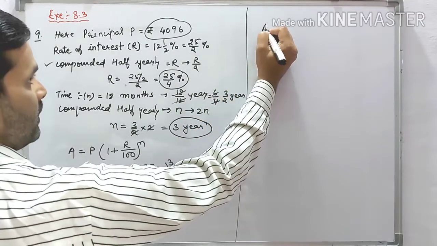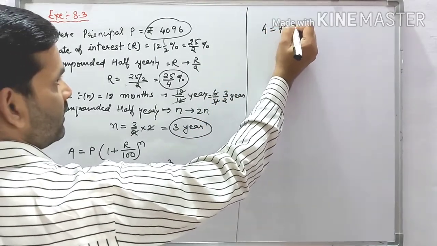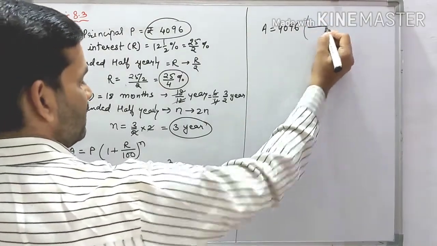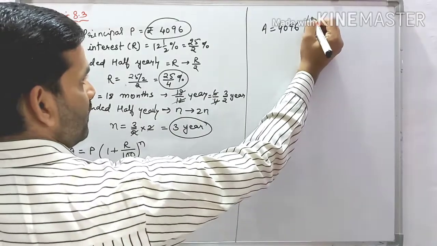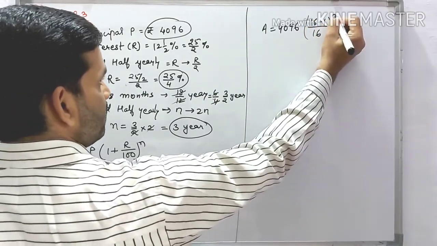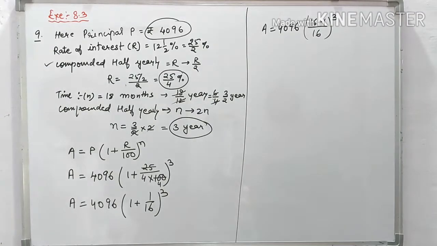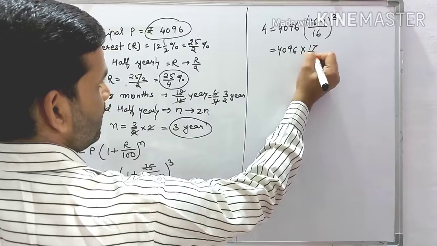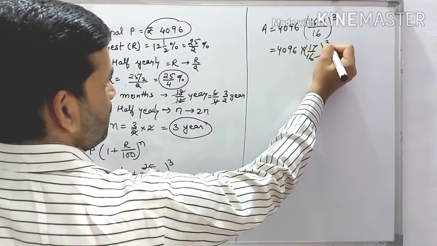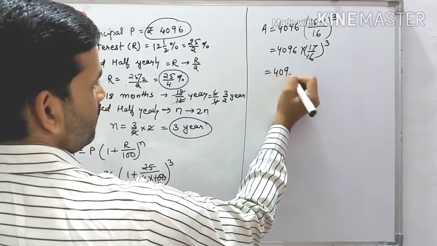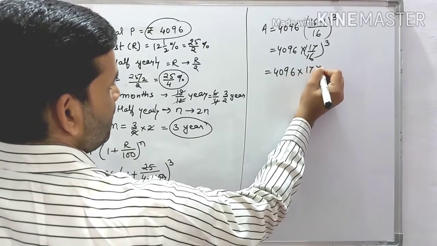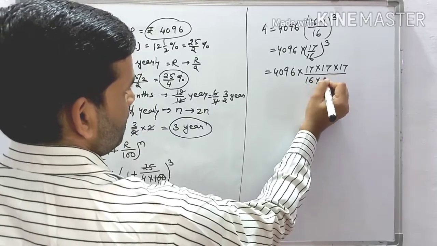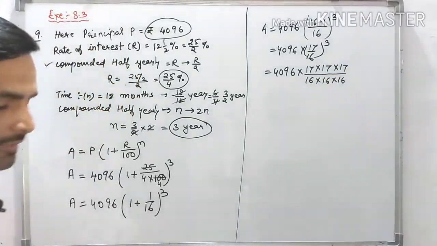Then we solve using the LCM, which is 16, so 16 plus 1 over 16 power of 3. The next step is 4096 into 17/16 in power of 3, which means 4096 into 17 into 17 into 17 upon 16 into 16 into 16.